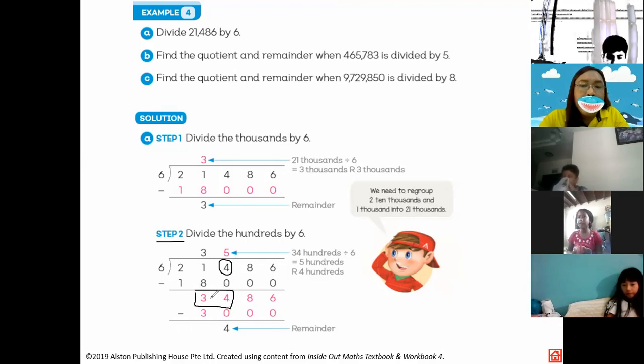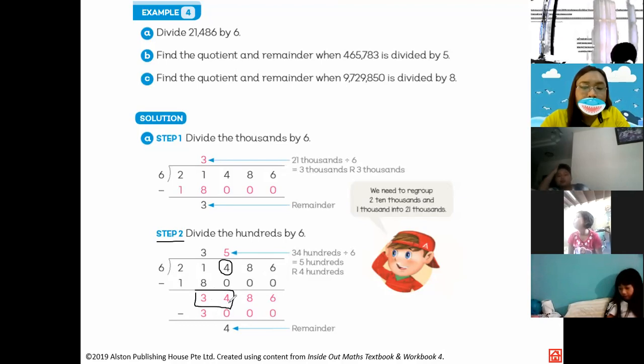Now we divide 34 by 6, that's 5. Multiply 5 by 6, that's 30. Now we subtract: 34 minus 30 is 4. So the remainder now is 4.